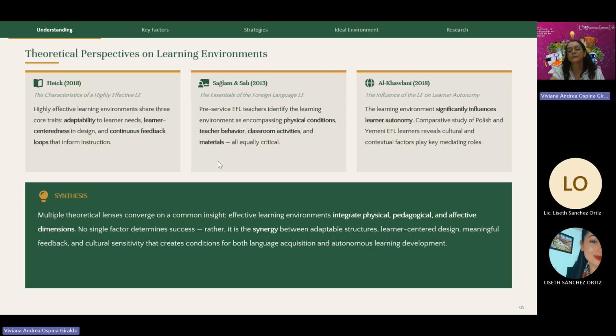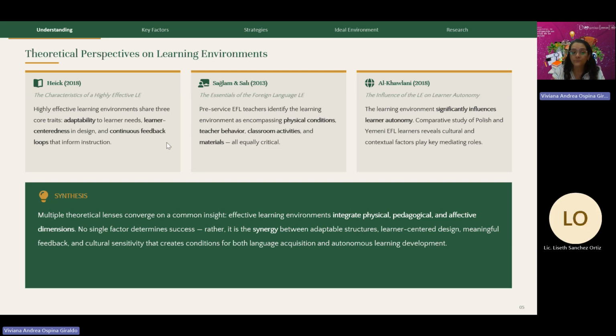we are going to talk about these three different authors, which are very important and they're part of our references. I want you to think of learning environments as dynamic, adaptable, learner-centered, and also that they need to have the physical conditions so that the professor, the teacher, can not only transmit knowledge, but also consider this a safe place for learning.